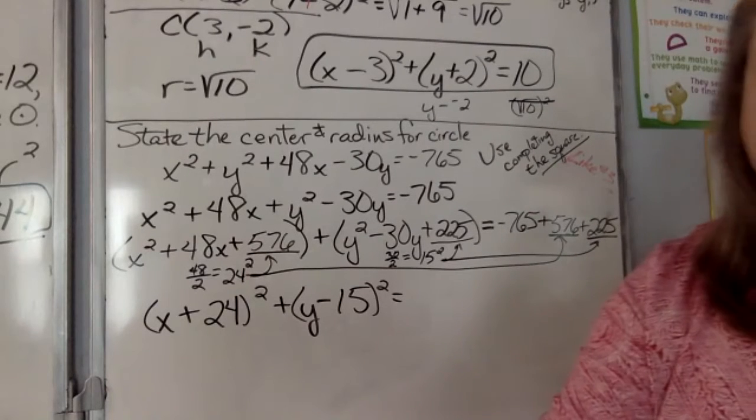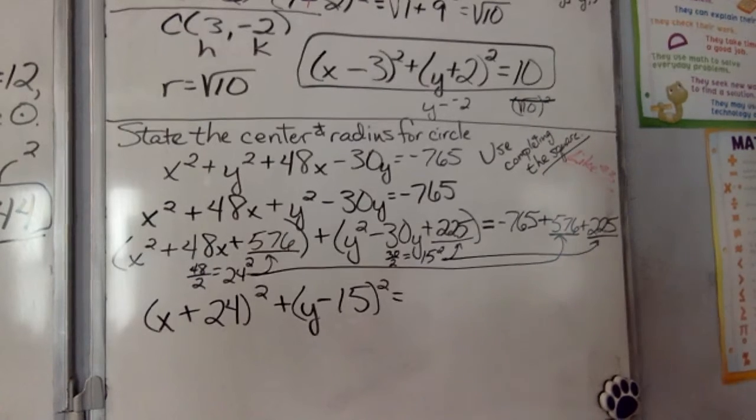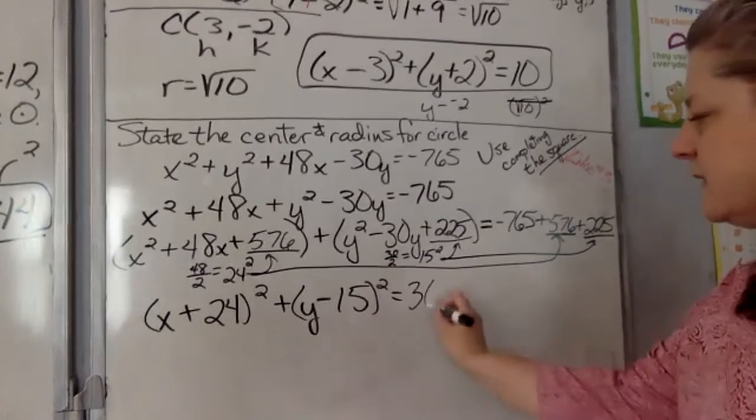So I have negative 765 plus 576 plus 225. 626. No. 36. 36.